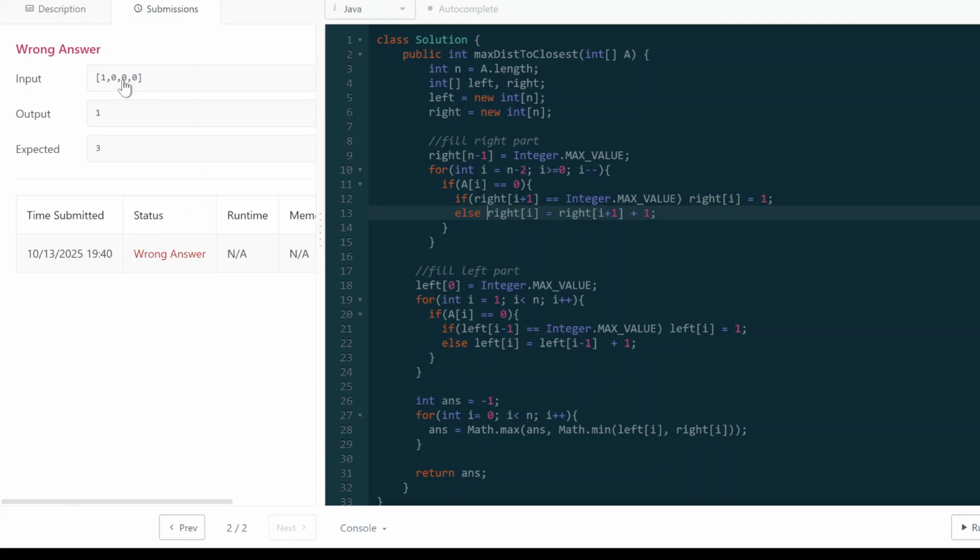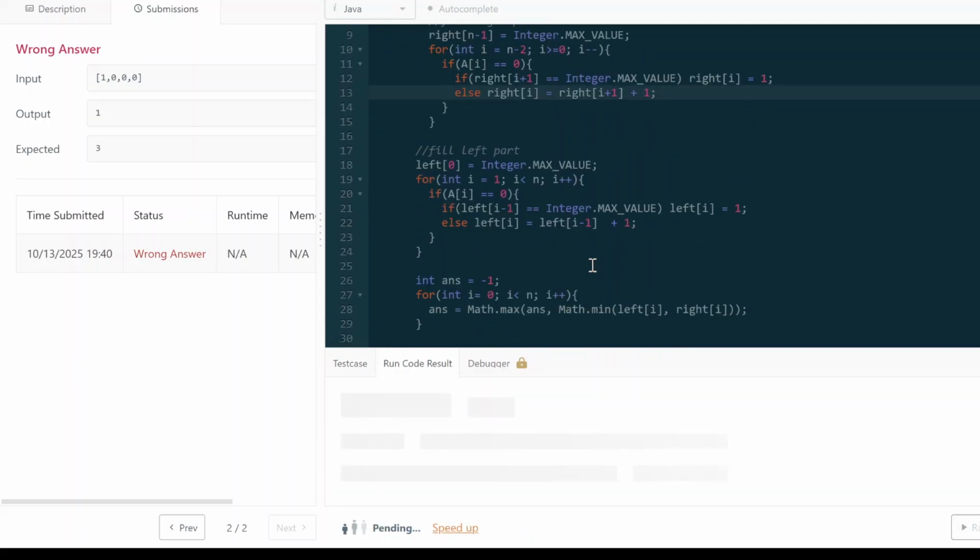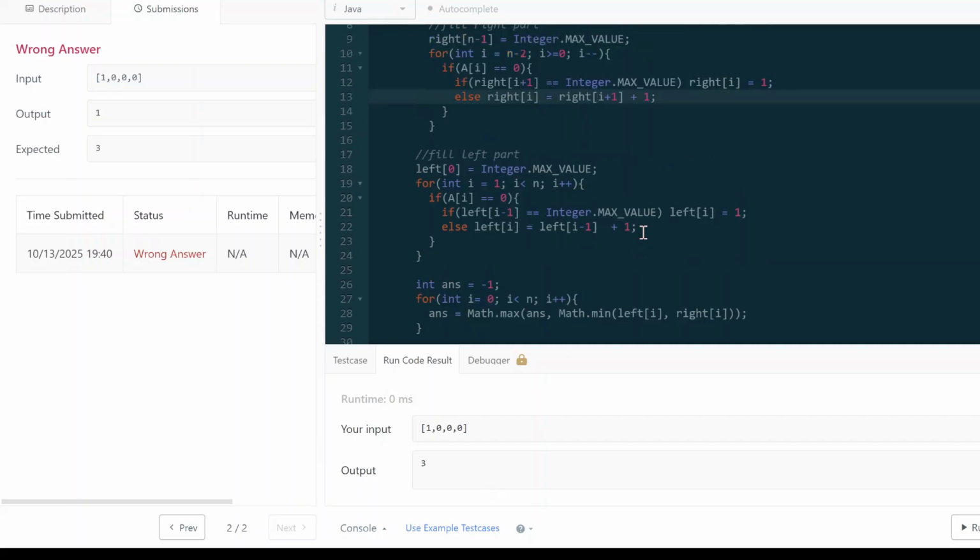Now for this 0, ideally it should be 1, right? So there is a 1 state in the right side. But since we have Integer.MAX_VALUE at the very extreme, I'm just making that right equal to 1. And that's fine too. So let me copy this array and check whether I'm getting 3 now. I should get 3. Yeah, now it's working.